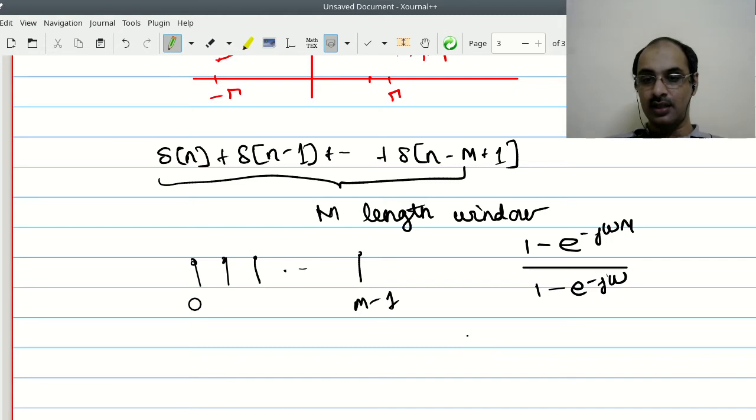In fact, if you do this nice manipulation, look carefully, this comes in very handy.